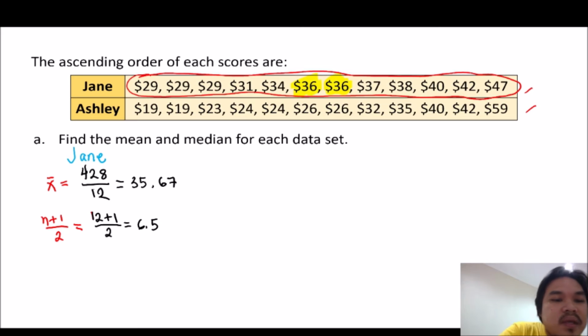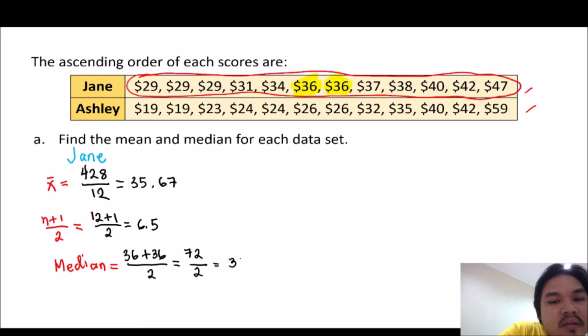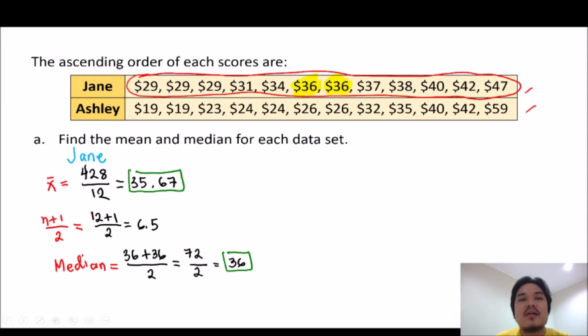So to find the median, we will get the average of 36 and 36. So the median will be 36 plus 36 divided by 2. 36 plus 36 is 72. Divided by 2, that is 36. Okay? So our mean is 35.67. Our median is $36.